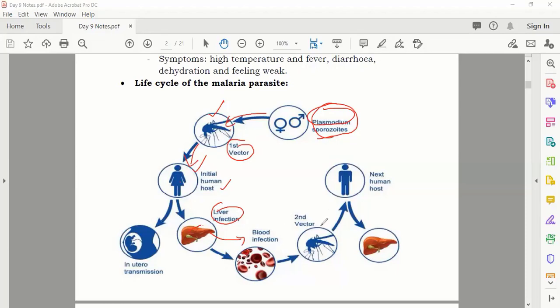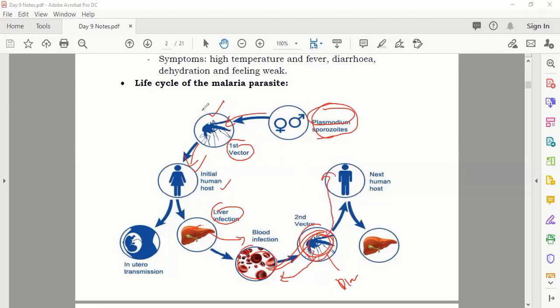And then if another mosquito, which right now does not have plasmodium, bites a person who already has plasmodium inside his body, it will take that plasmodium inside it, and then it will again transfer to the other human. Did you get my point?